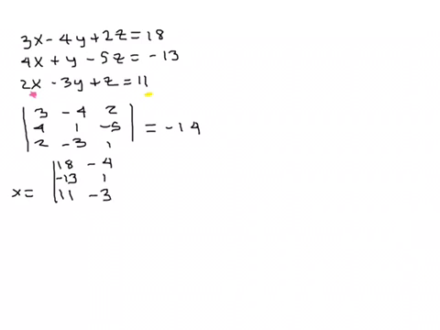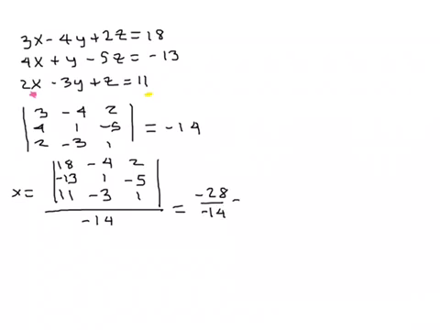And the z column, too, stays the same. And remember, just like when we did 2 by 2, we're going to divide that by the value of the original determinant, so we're going to divide it by negative 14. And we are going to solve this like we normally do. So what we're going to end up getting is negative 28 divided by negative 14, which is 2.